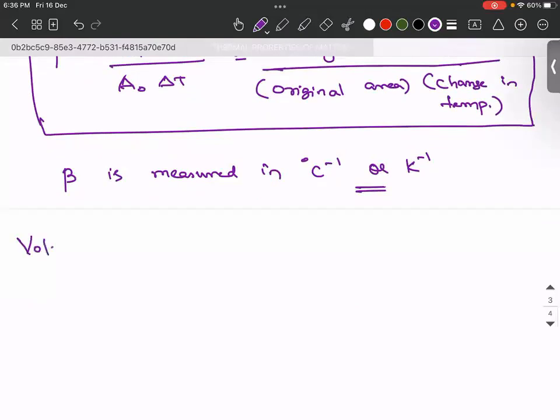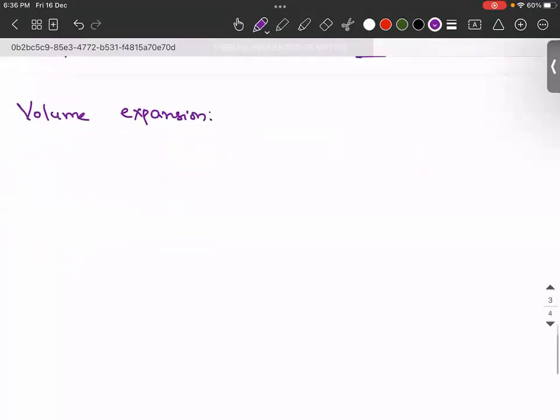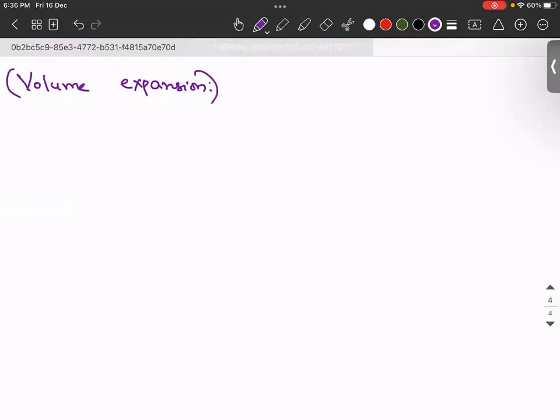And the last type of expansion we will see is volume expansion.